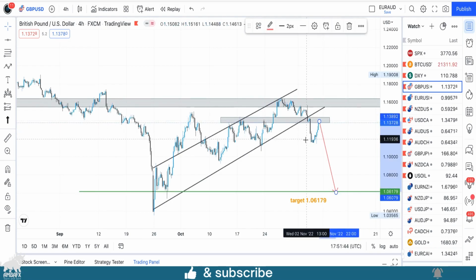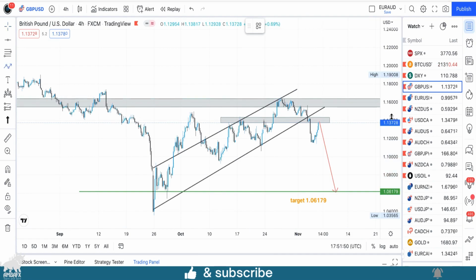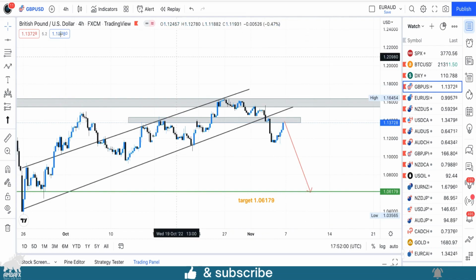Two things might happen at this particular area. If the market opens on Monday and you see a rejection from this side, then we should see a move to the downside. But if there is a break of this level, another thing you should look at is the break of this particular level.